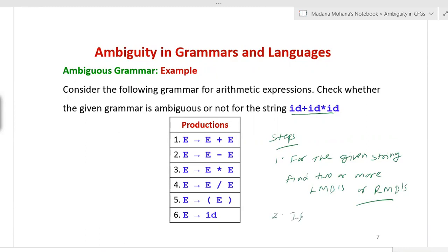If the above exists, then the given grammar is said to be ambiguous. So these are all the steps we have to follow.